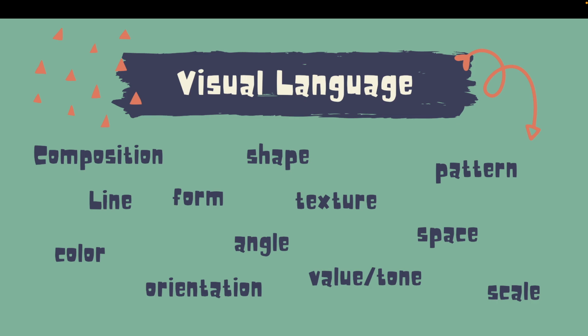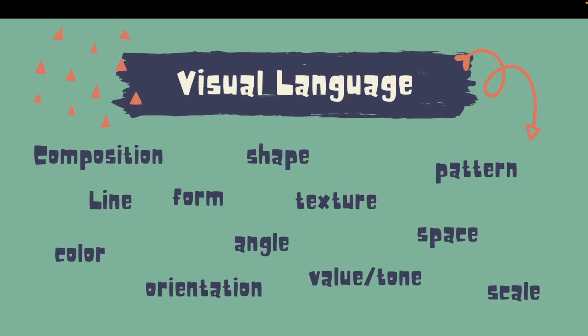So, first things first, what is the visual language? I have here the generic visual language. However, there are a lot of other visual languages that you may be able to pick up over the internet or just by observing a particular work of art or art piece by a specific artist.